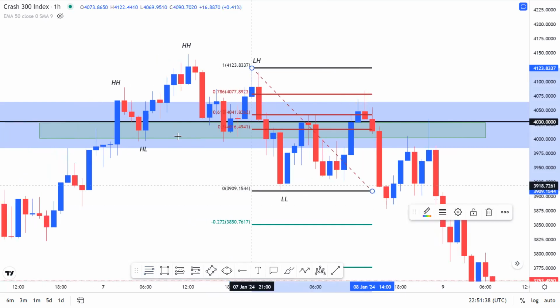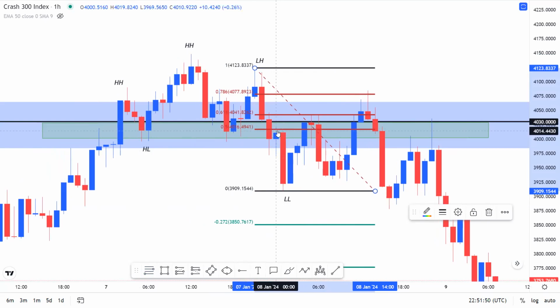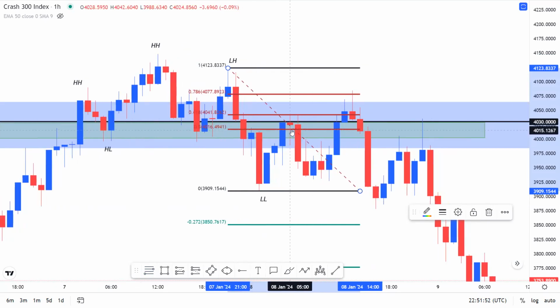And notice also the level where I marked as the neckline of the hourly time frame head and shoulder pattern is aligning perfectly with the 50 Fibonacci reversal level, as you can see.